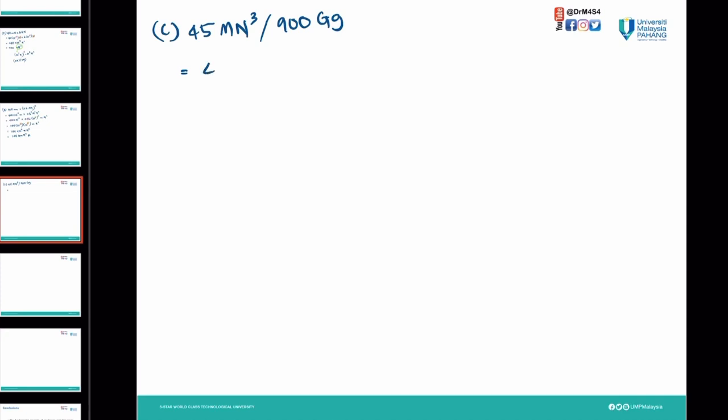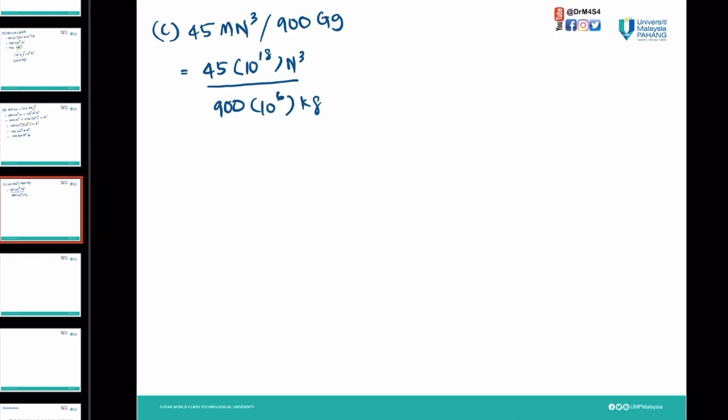So 45, mega is 10 power of 6. 6 times 3, 18. So we get 10 power of 18 and power of 3 divide 900 giga. So we get 10 power of 6 kilogram.